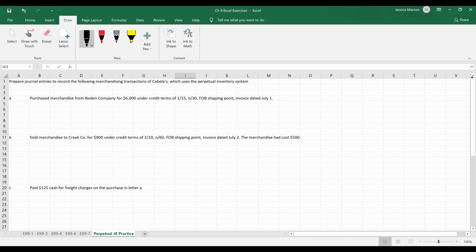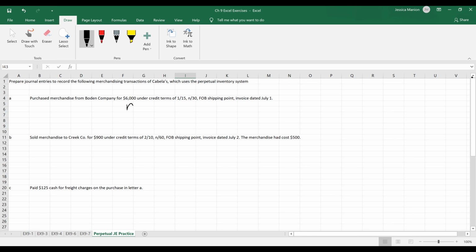Letter A, purchase merchandise from Bowden Company for $6,000 under the credit terms 1/15 n/30, FOB shipping point, invoice dated July the 1st. So, we're purchasing inventory on account.